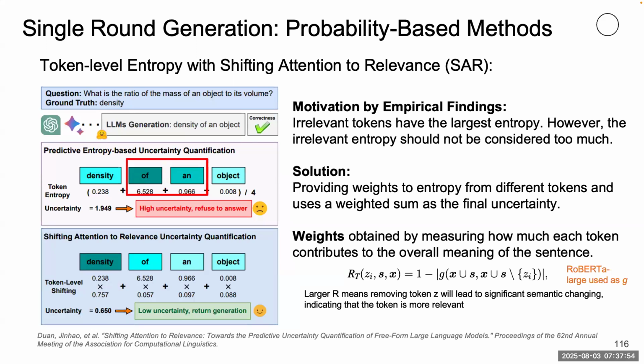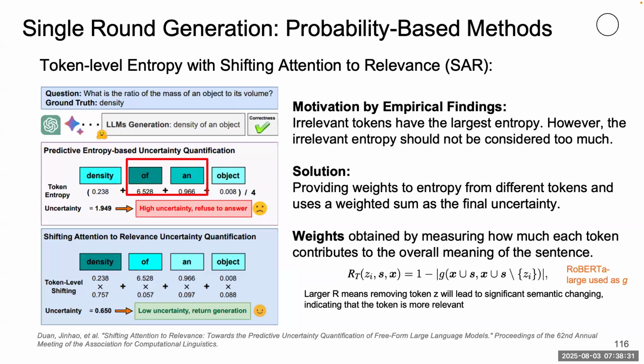And how can we define that a certain token is more important than the others? They do it by removing certain tokens from the sentence and calculating the change in semantic meaning. You have the original output sentence, you feed it into a model and get a representation.